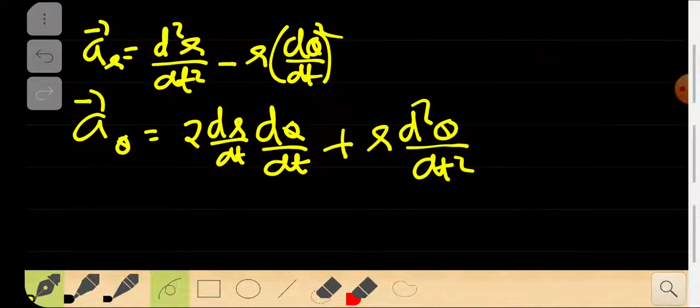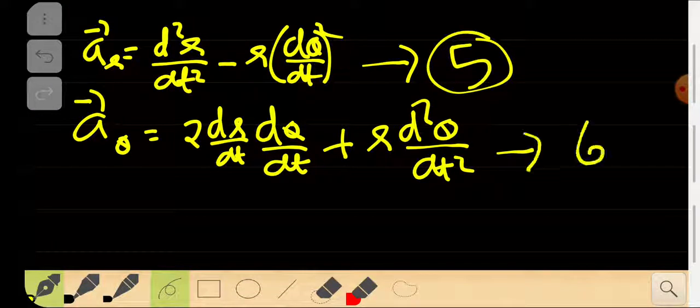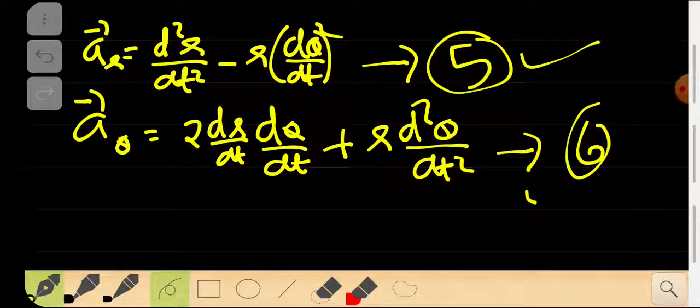Let's call this equation 5, and this equation 6. This is the radial component of acceleration, and this is the angular tangential component of acceleration.